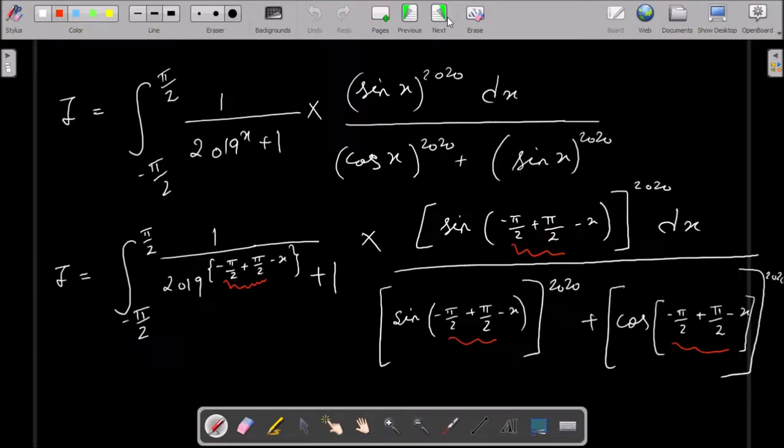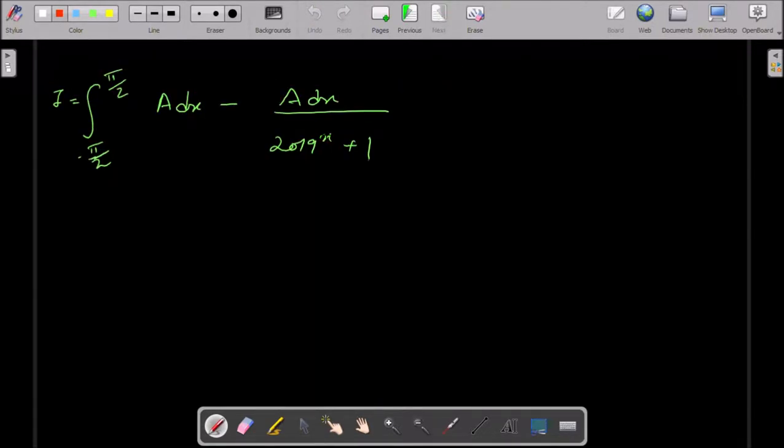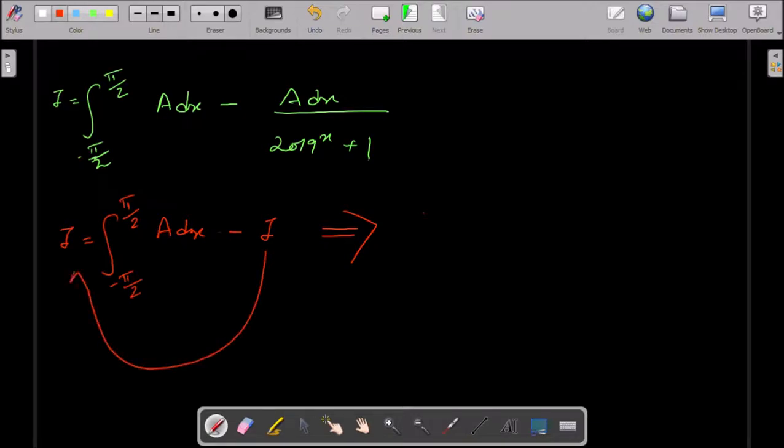So now, I is this only. Now we will write like this, I equals the integration from minus pi by 2 to pi by 2 of a dx minus I, and we will take this I to this side.